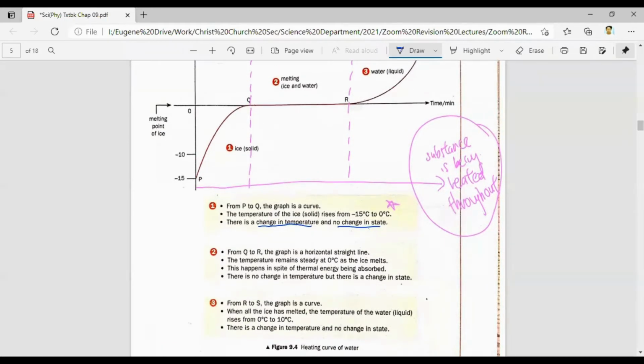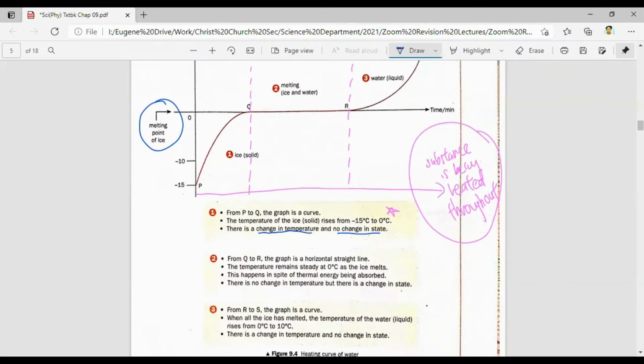Now, what happens between Q to R? The weird thing is that you can see the temperature doesn't change. From Q to R, the temperature remains constant at 0 degrees Celsius, and 0 degrees Celsius is the melting point of ice. So what exactly happens? From Q to R, the graph is a horizontal straight line. The temperature remains constant at 0 degrees Celsius as the ice melts.